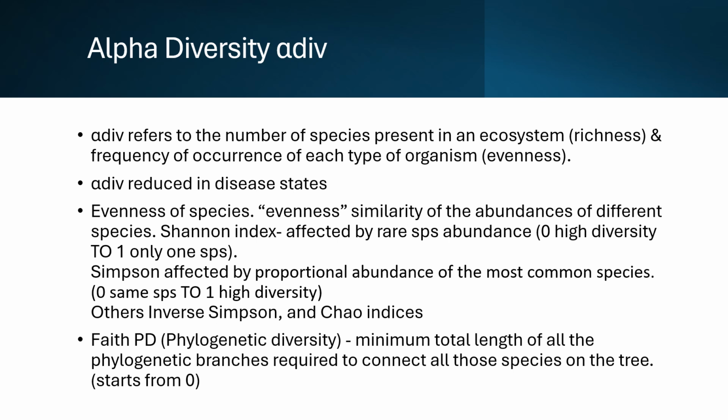Shannon and Simpson are popular indexes for evenness. Shannon is affected by rare species, while Simpson is affected by the proportional abundance of the most common species. Faith's PD, or Faith phylogenetic diversity, is a popular metric for alpha diversity, which accounts for the phylogenetic relatedness in calculating the diversity among the different species in a sample.